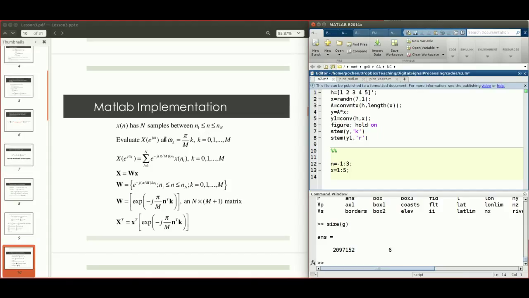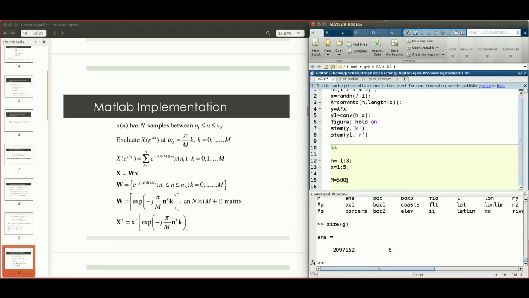And then I have to construct the omega axis. Omega k equals pi divided by big M times k, where k goes from 0 to big M. So what's going to be the size of big M? Let's assume big M equals 500, I suppose. And small k goes from 0 to big M, which equals 500.